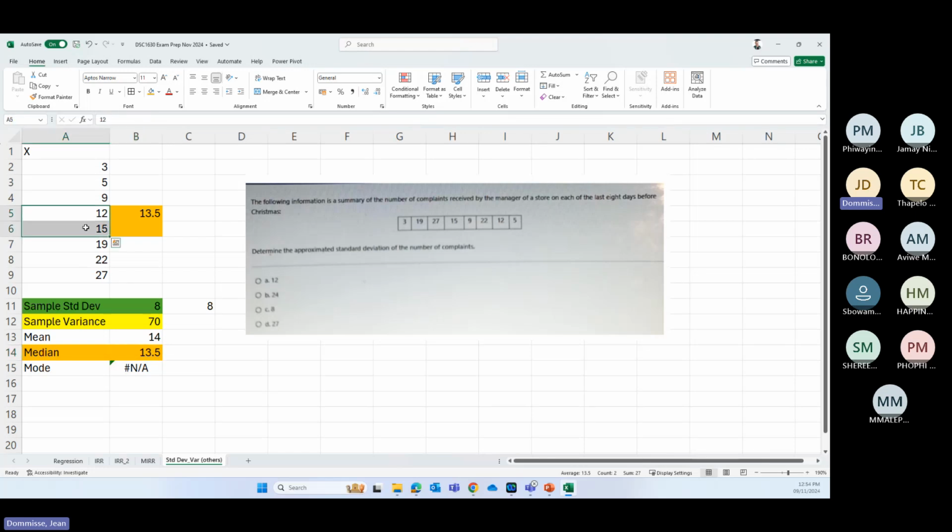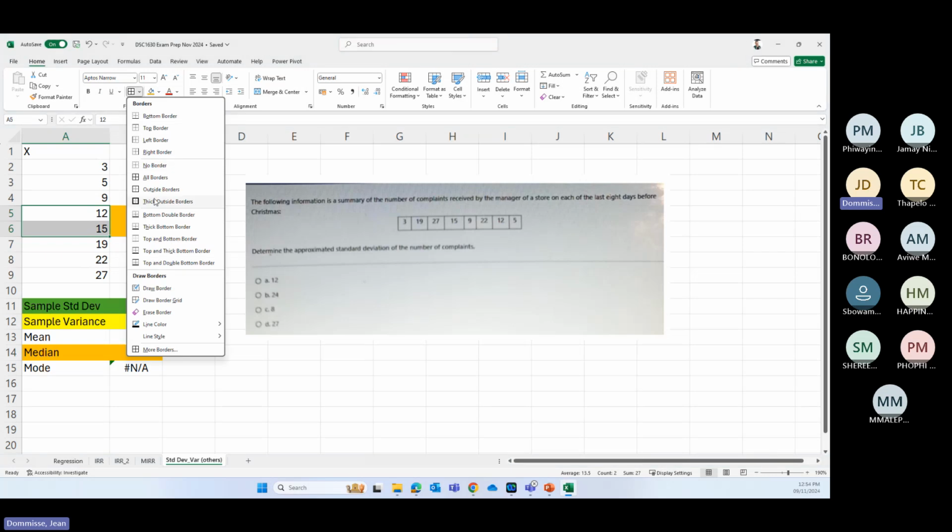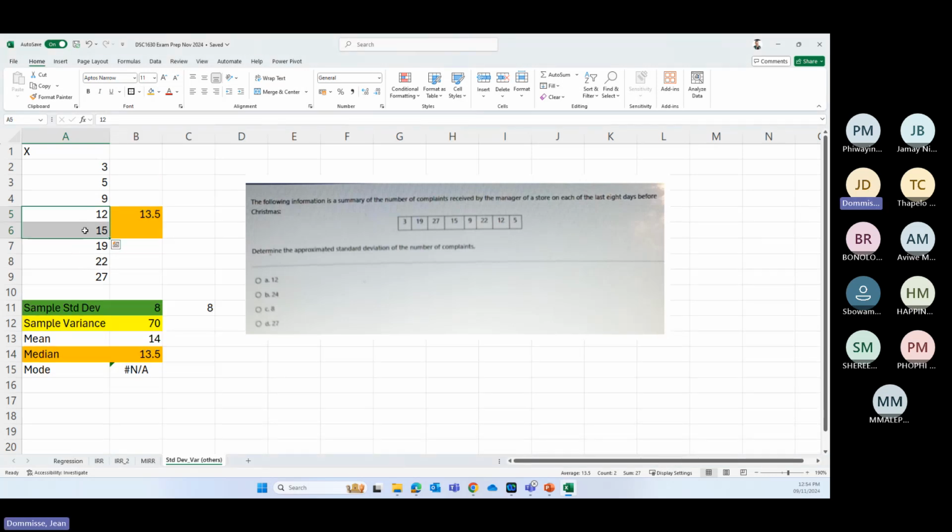And when you see those two numbers are in the middle, basically we're getting the average of those two numbers to get to the median. And there is no mode because there's no number that is repeated. So you could see 3, 5, 9, 12, 15, 19, 22, 27, no number repeated. So then there is no mode.